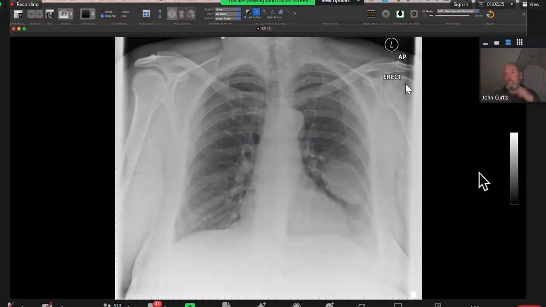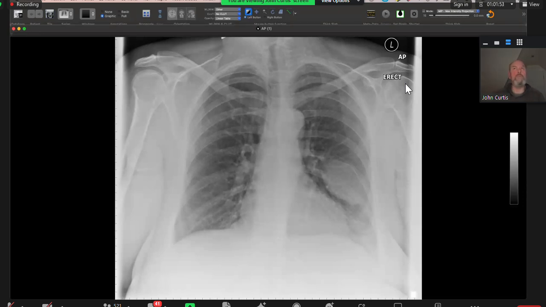What I can see is that there is a well-defined lesion in the left mid to lower zone, and I can appreciate some rib erosion of the posterior, I think, sixth rib. I can't see any pleural effusion, and I can't see any other bone lesion.